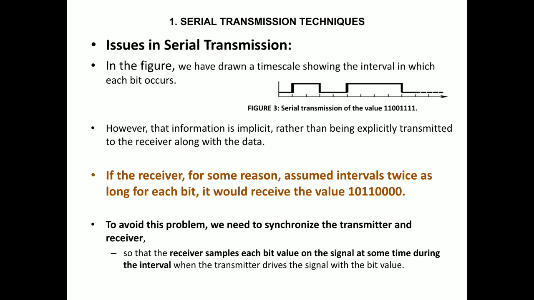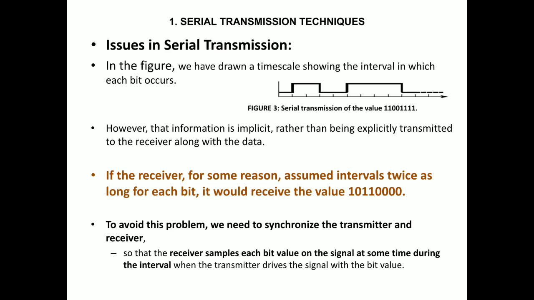If there is a synchronization problem between the transmitter and receiver, if the clocks arrive at different times, then wrong data may be received at the receiving end. If I repeat, if the clock signal reaching the transmitter and receiver differs, there is a chance of wrong data being transferred and received.